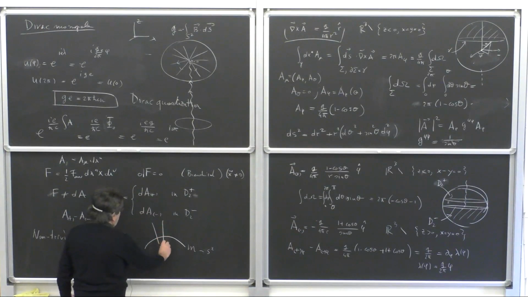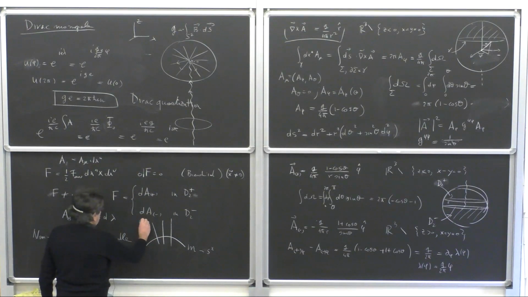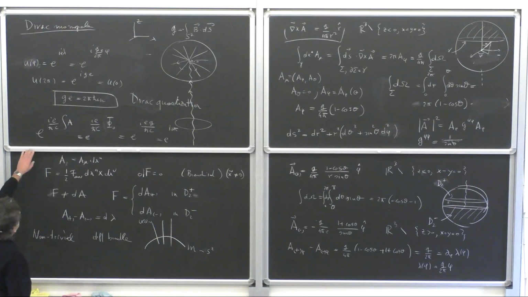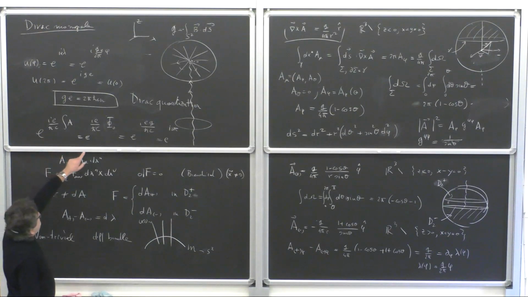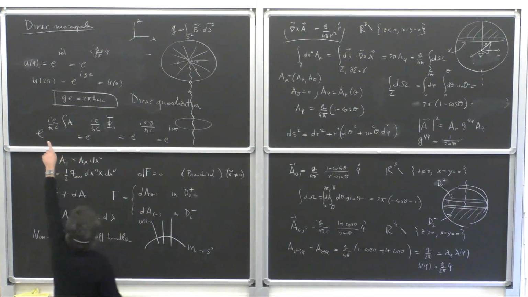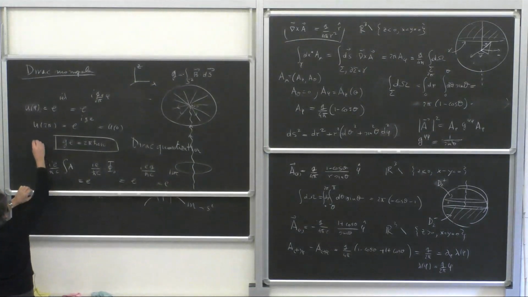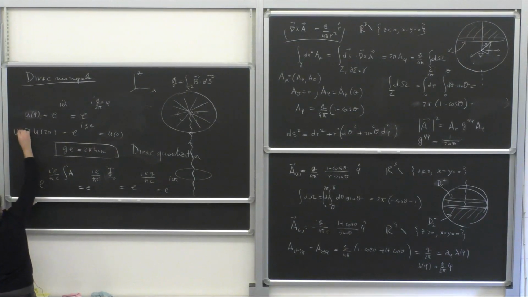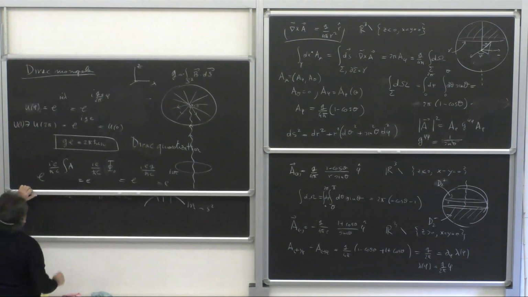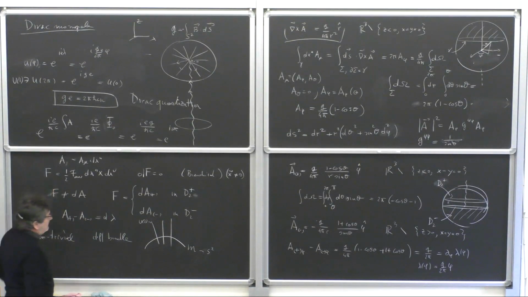Then you have a fiber, which is a vector space. In this case, it's a U1 vector space, because this gauge transformation is an element of U1. So in any point of space, you have a U1, which is called the fiber.